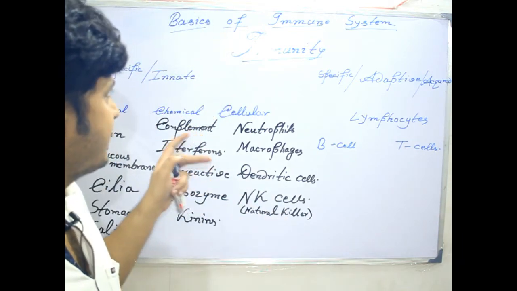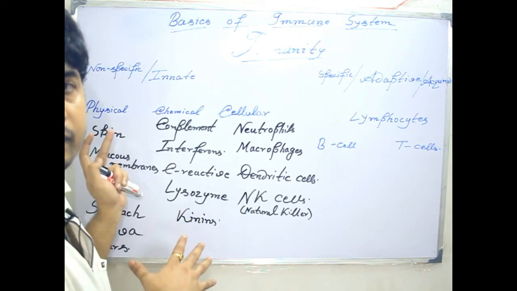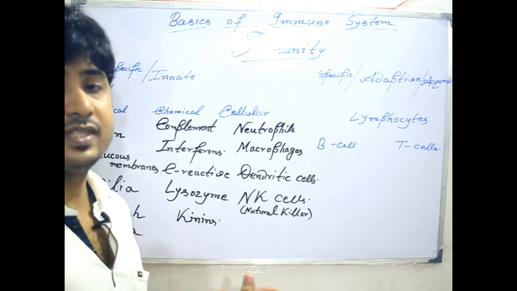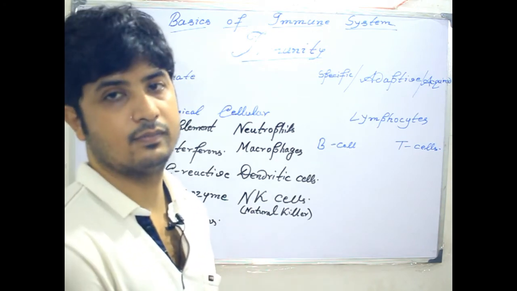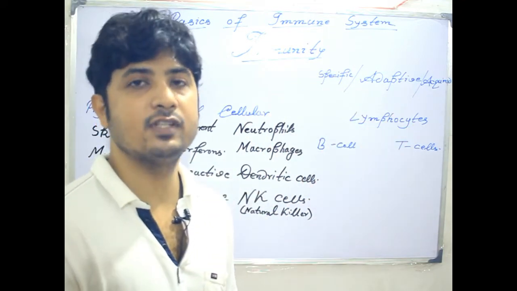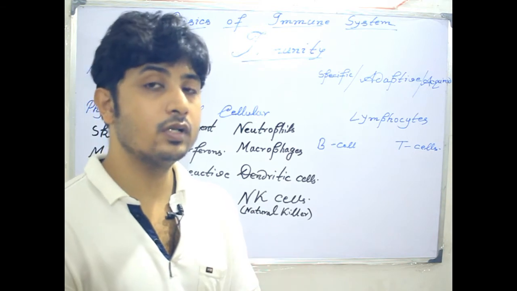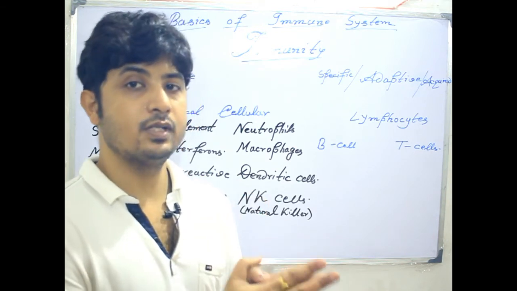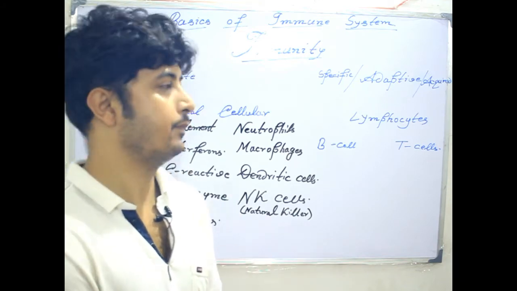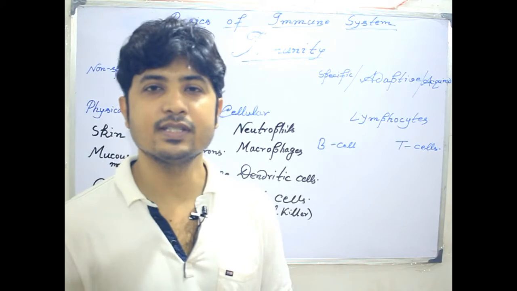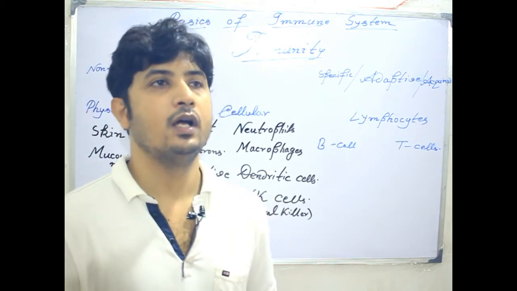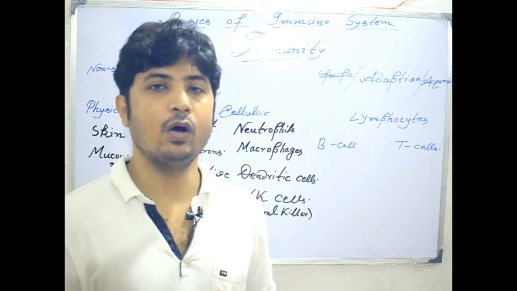As I said, in innate immunity there is no specific recognition of the pathogen. But in this immunity, there is specific recognition of the particular agent or the specific molecule present on the pathogen. Suppose I give you an example: gram-negative bacteria. E. coli is a gram-negative bacterium.